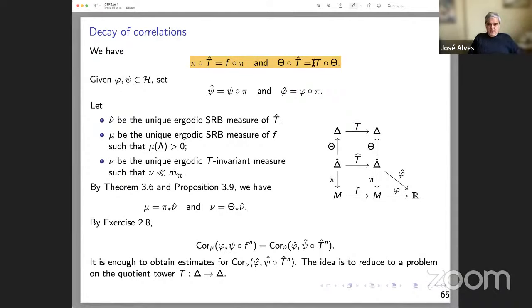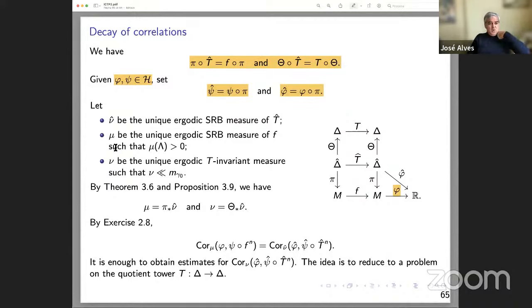We have this semi-conjugacy between the two towers, and H stands for the set of Hölder continuous maps defined in a manifold. So maybe we can look at this picture here. Given a phi, we can consider the composition of phi with pi, and so we have an observable in this tower hat. That's what I call phi hat, and similarly psi hat.